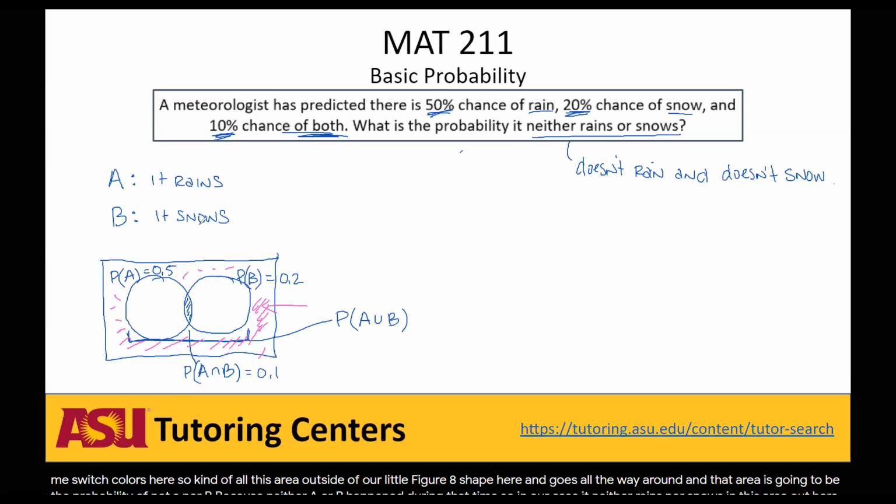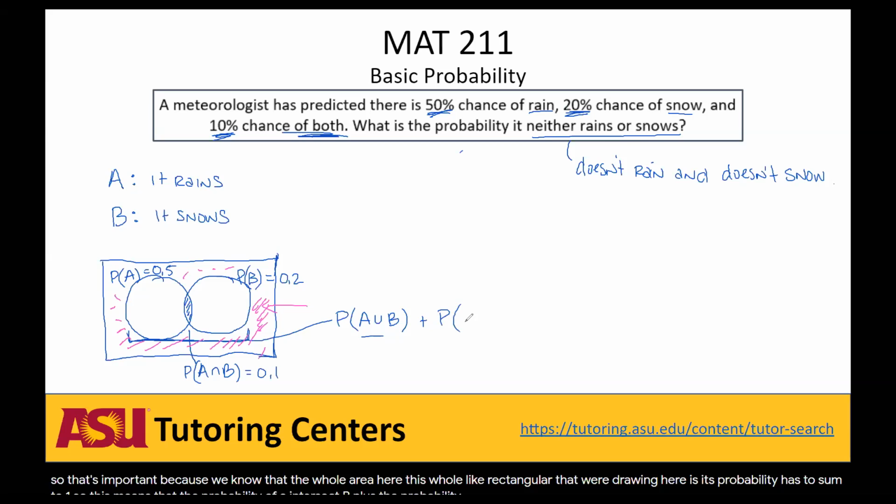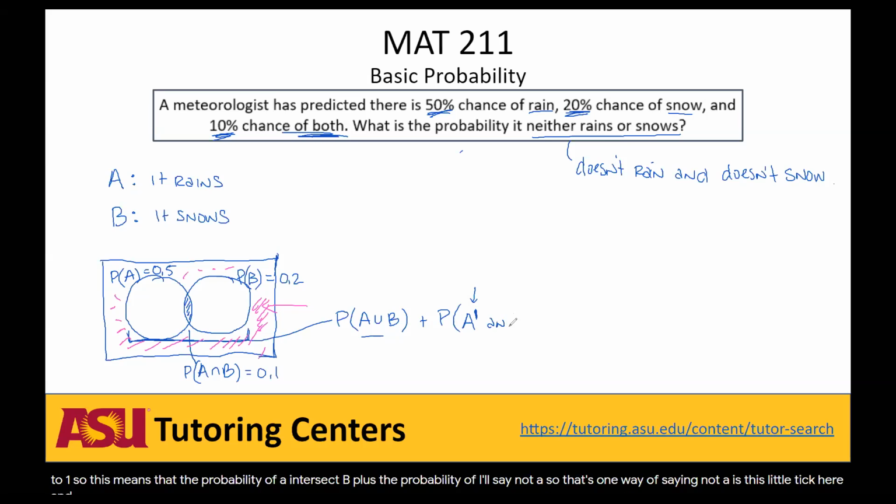So that's important because we know that the whole area here, this whole rectangle that we're drawing, its probability has to sum to 1. So this means that the probability of A union B plus the probability of not A, so one way of saying not A is this little tick here, and not B, or we could use a plus here.